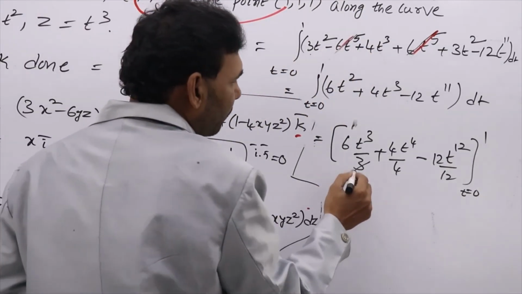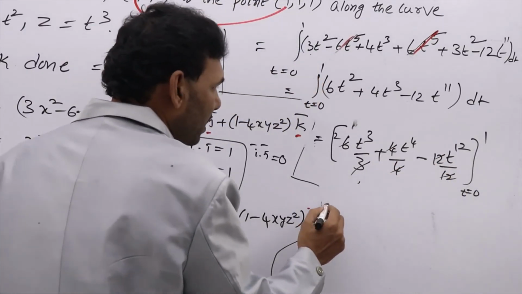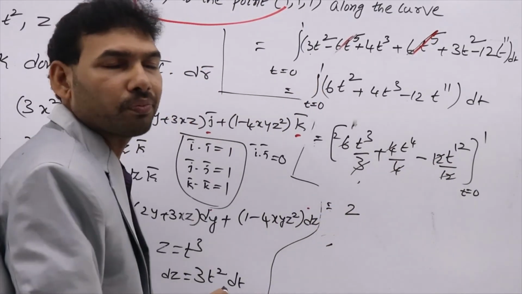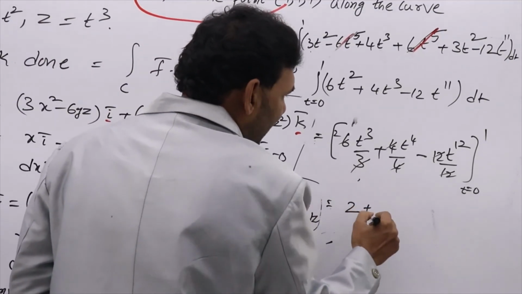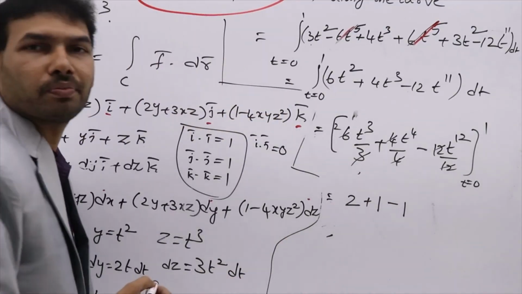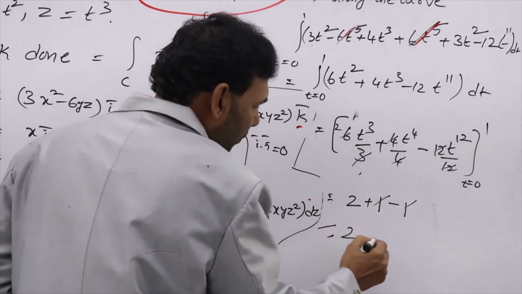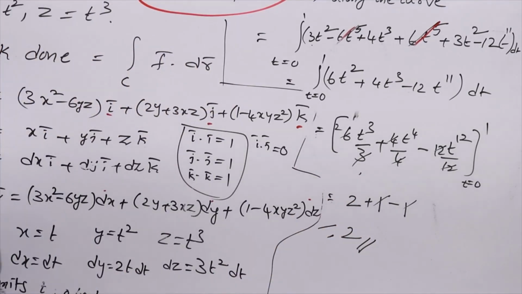So 3 1s are 3, 2s are 4, 4 cancel, 12 12 cancel. What is left over? 2 plus 1 minus 1. Plus 1 minus 1 get cancelled. The answer is 2. Any doubts you may express.